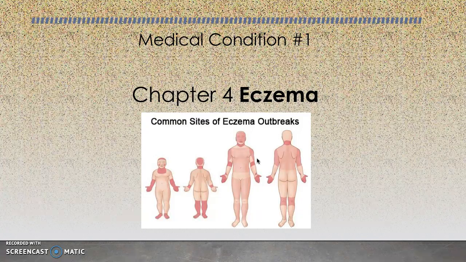This picture shows where all the common sites of eczema outbreaks are in patients from babies to adults. Most common areas, as you can see, are the hands and forearms, the chest area, the cheeks for kids, the back of the head in kids, the feet, and the back of your calf muscles.